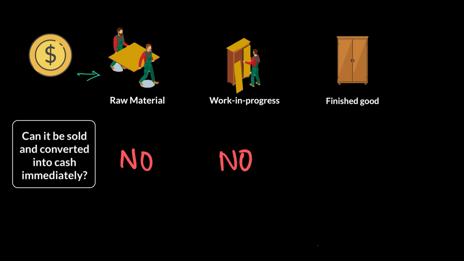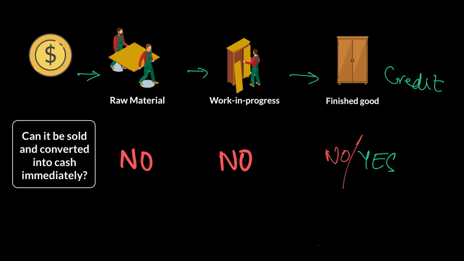Yes, you can sell finished goods, and we know that once you get from here to this point, it is possible. But it is also possible that when you sell, it is sold on credit, meaning that the customer may pay half the amount later. So this is a no and a yes. So yes, we'll get paid, but maybe at a later date.